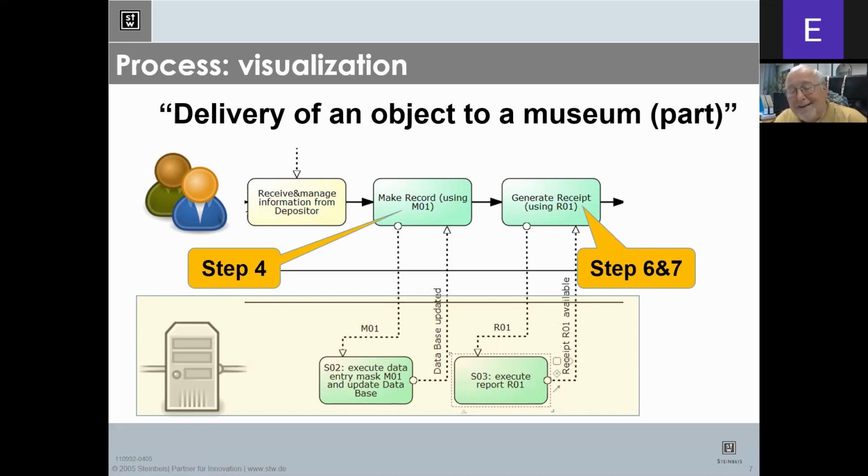So we have the interaction between a depositor and the museum. And you have here dotted lines. The dotted line here comes to the computer, refers to the computer system. So we have the line here where you have the symbols, the icon of people. These are the human tasks here.